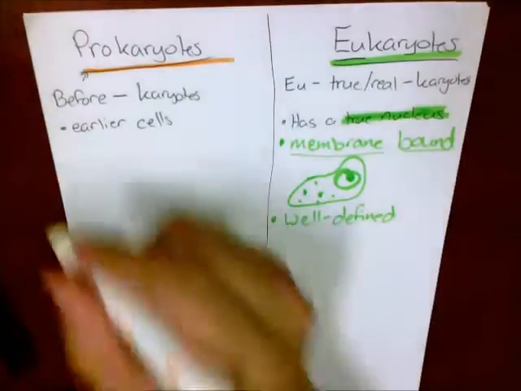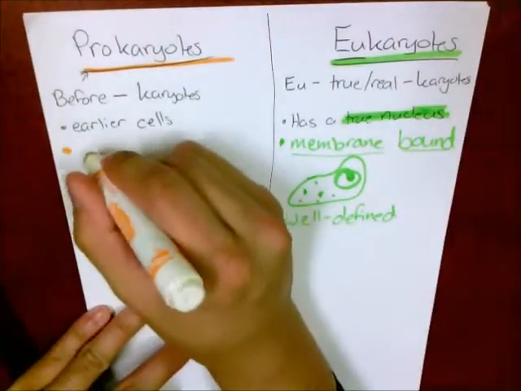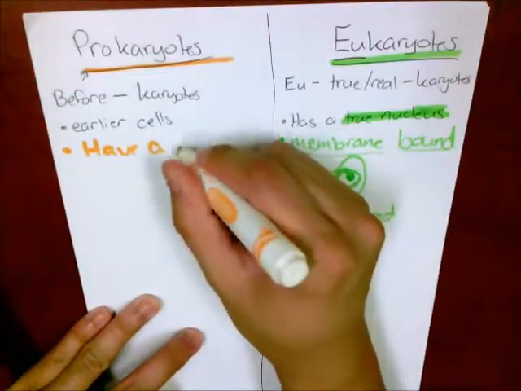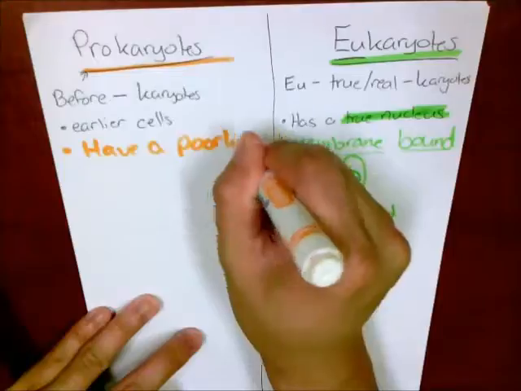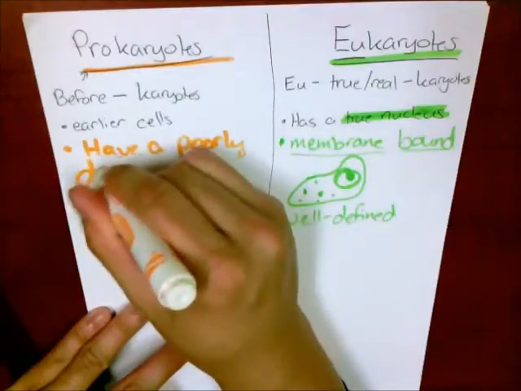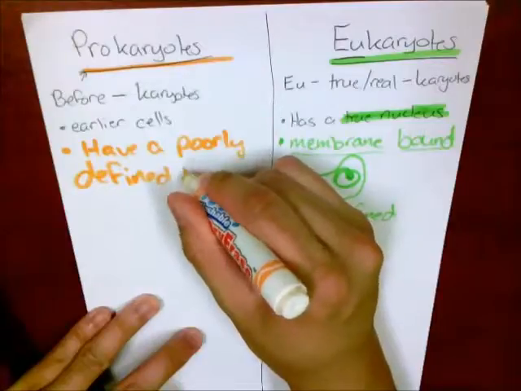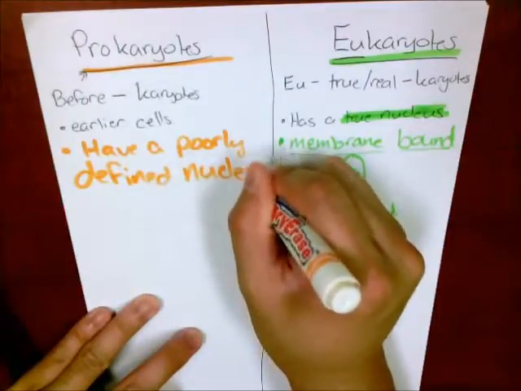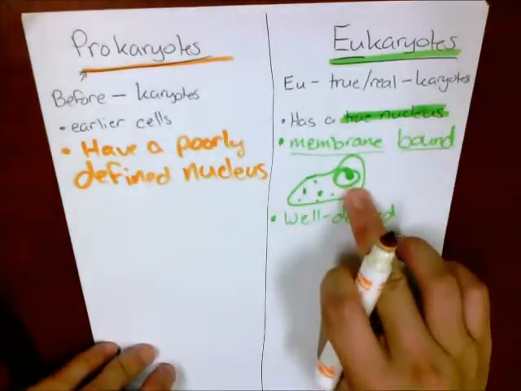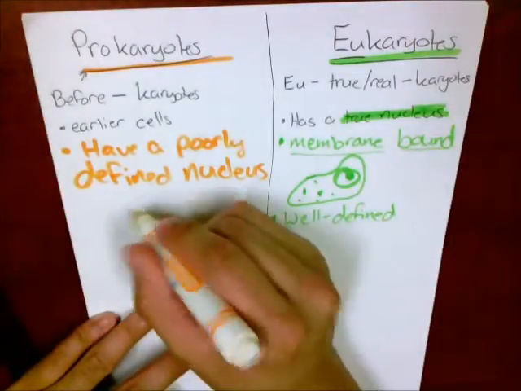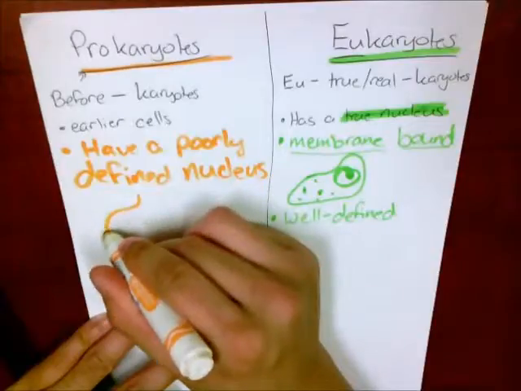On the other hand, prokaryotes have a poorly defined nucleus. They do have that whole brain structure, but the problem is that it's not as circular as this. This one is clearly a circle, with that circle around it, but in this one it would look more like this. Let's go with the same drawing.